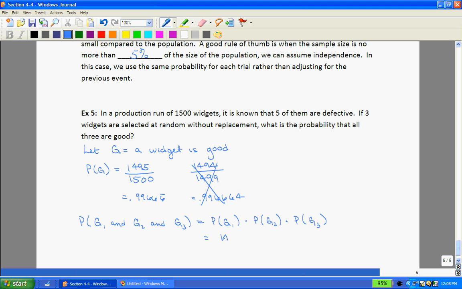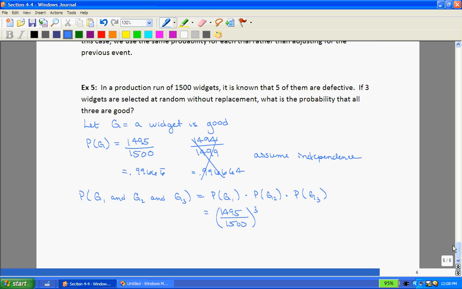So we have 1495 over 1500, and I'm just going to raise that to the third power. So here, instead of doing these other calculations, we're just going to assume independence. And it's not wrong at all if you chose to do it the other way.